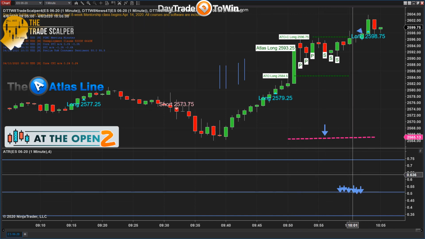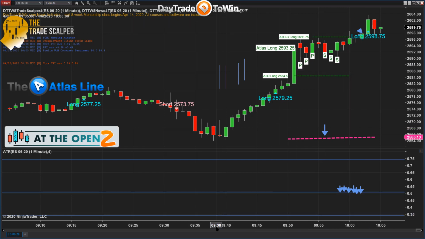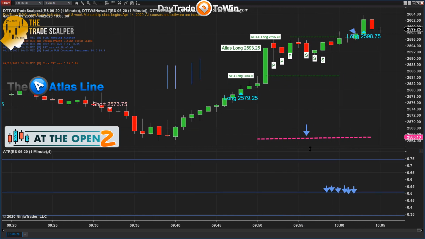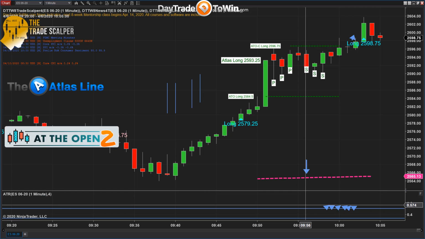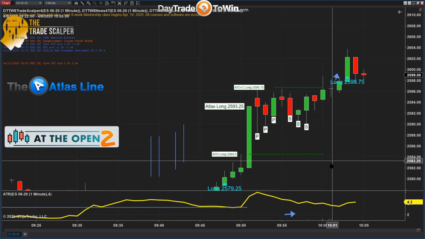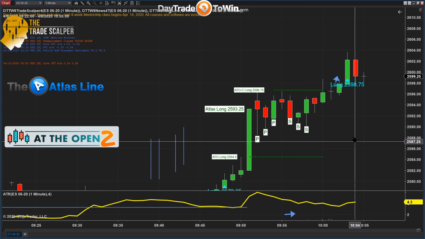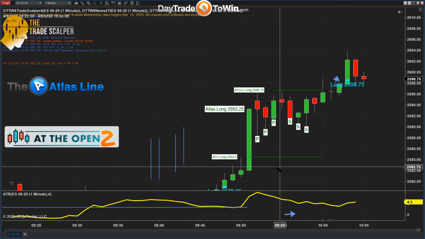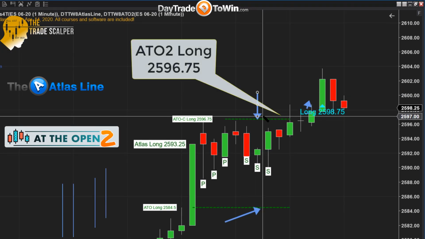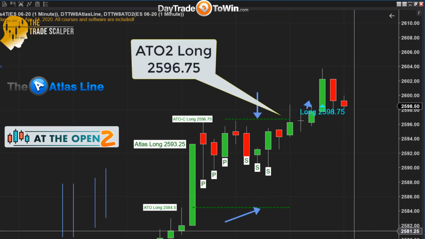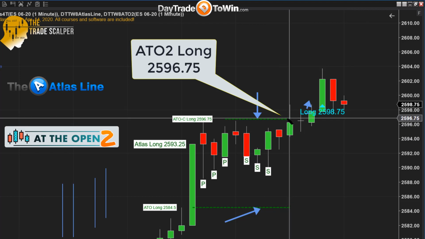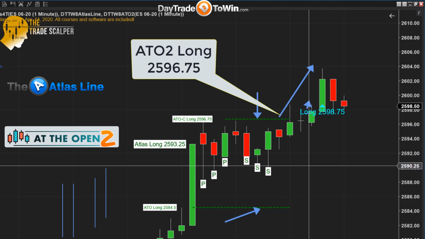Okay, so the ATO2 is also indicating long, right? So let me see if I can expand this out here a little bit. The ATO2, or the at the open method, is indicating a long signal here and a long signal here. 25.9675 would be the entry to go long, and the market went up.